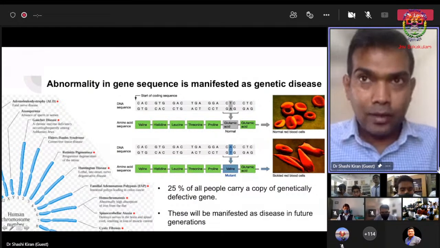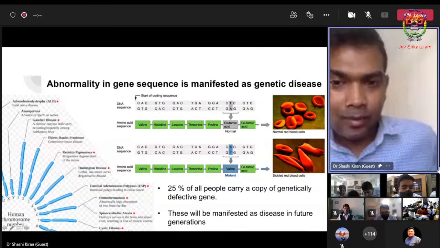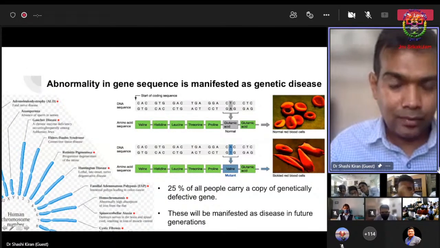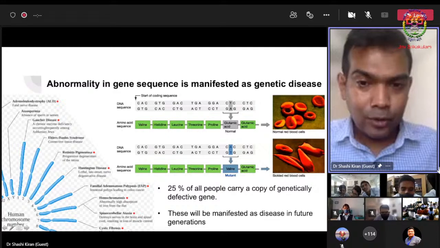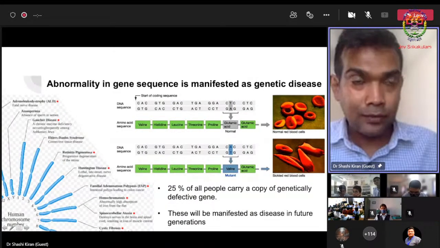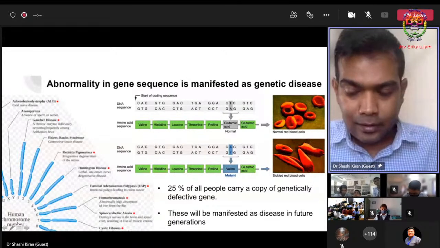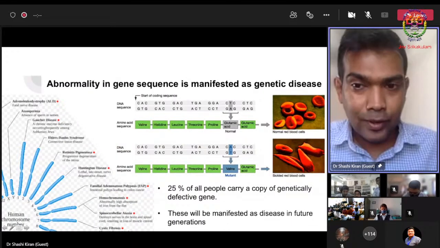But maybe our future generations can have these mutations, and that may manifest in a disease, right? That possibility is also there. So the whole scientific exercise which we do has the goal of somehow correcting these changes, correcting these mutations.